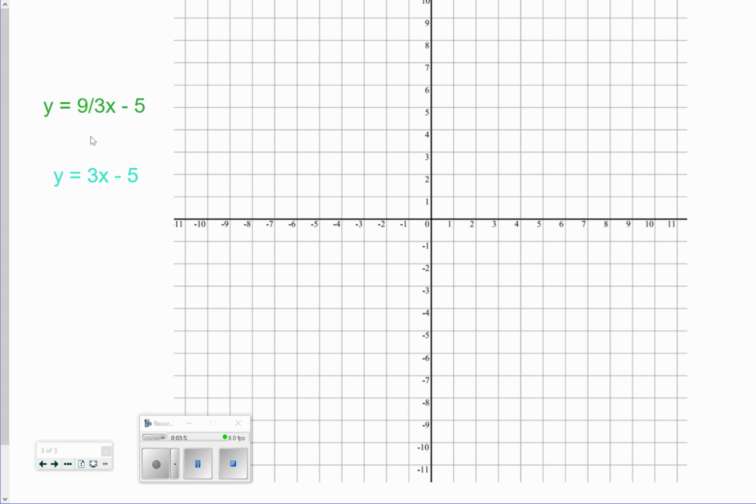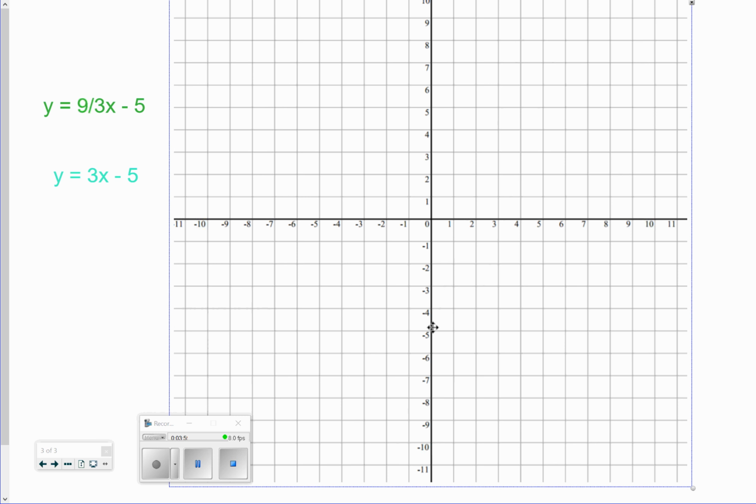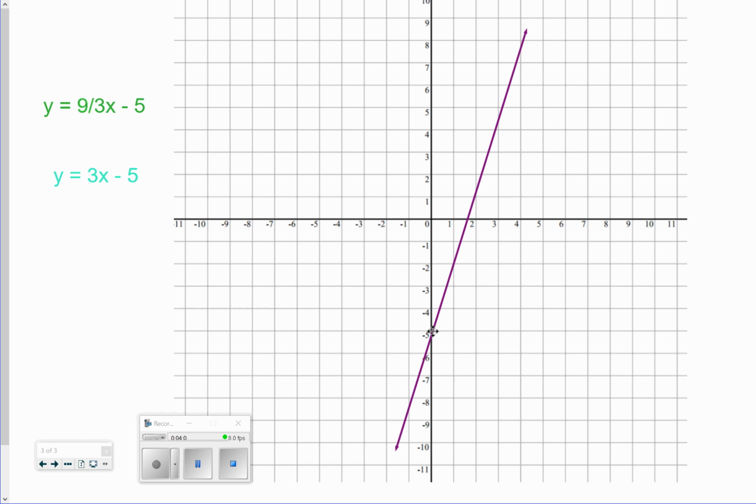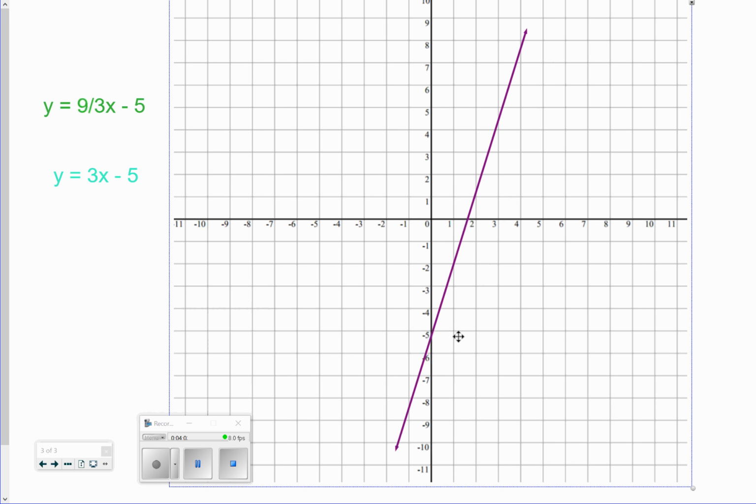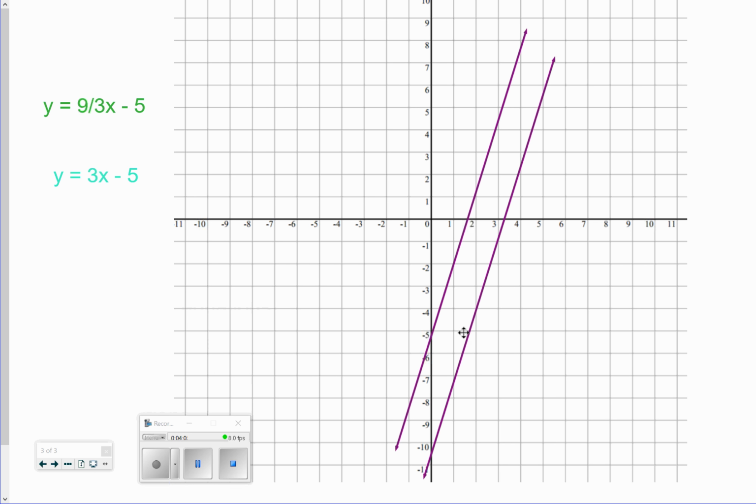So suppose you had y equals 9/3 x minus 5 and y equals 3x minus 5. If I were to graph that line, this is up 3, 1 to the right, up 3, 1 to the right, and I graphed another line that went through negative 5, but I went up 9, over 3, it would match up perfectly.